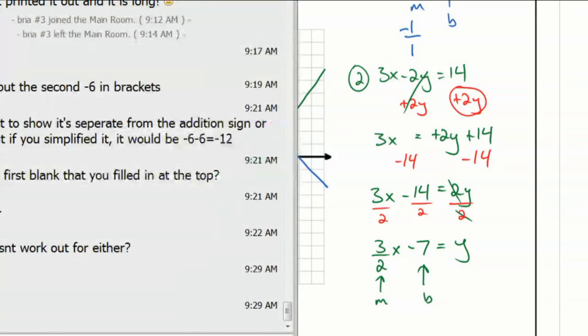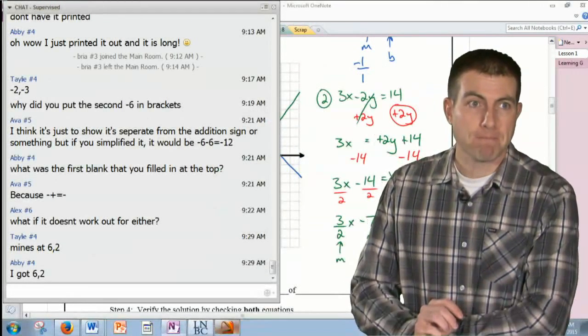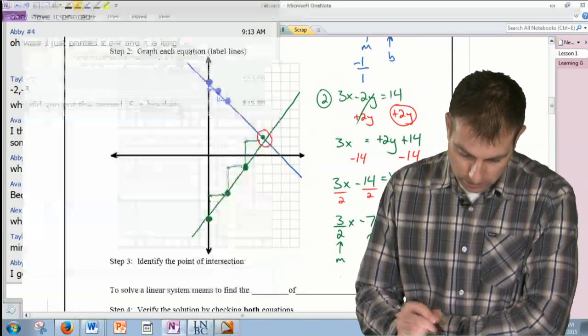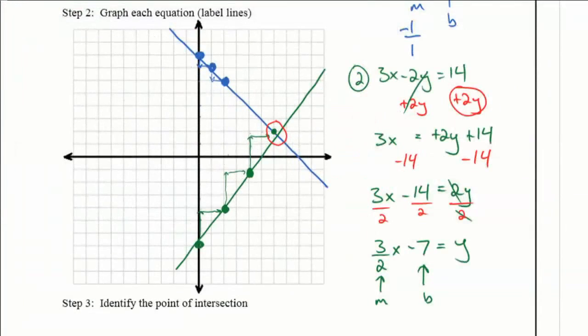Abby's putting in 6, 2. Taylor got 6, 2 as well. Let's take a count. 1, 2, 3, 4, 5, 6, 1, 2. So if you had drawn this very carefully, you would have ended up getting an intersection at 6, 2. So that is what we believe our solution to be: 6, 2.